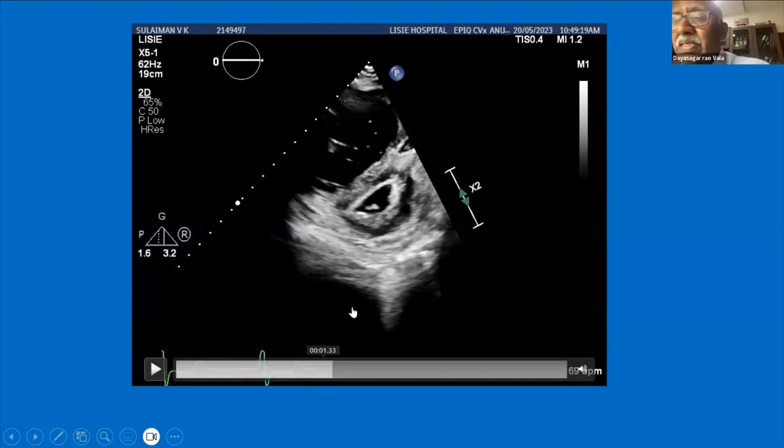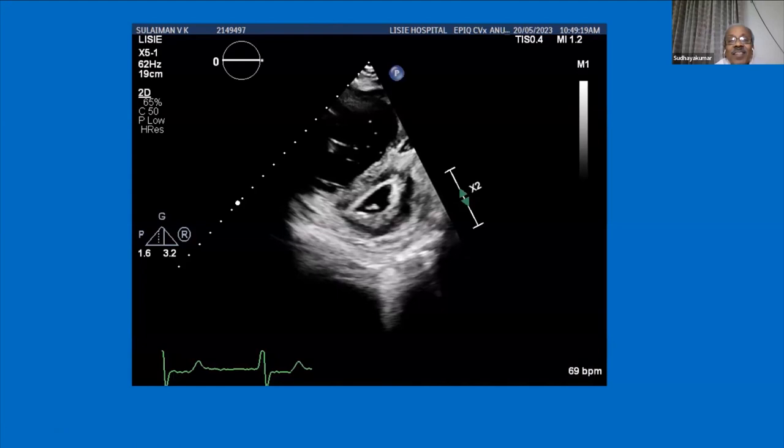End of T wave means diastole. After the T wave, the mitral valve is fully open, widely open. So how can you say it is systolic? So what is the importance of this?